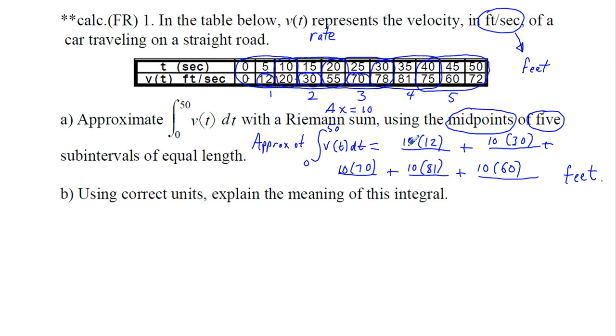And these would be quite easy to add together. We'd have 120, 300, 700, 810, and then 600. But we don't need to do that because this is a perfectly acceptable answer according to AP standards.